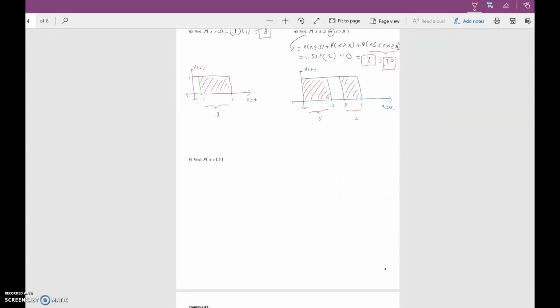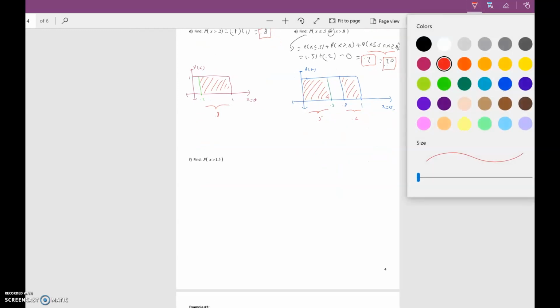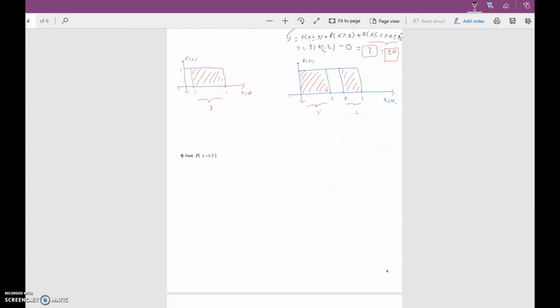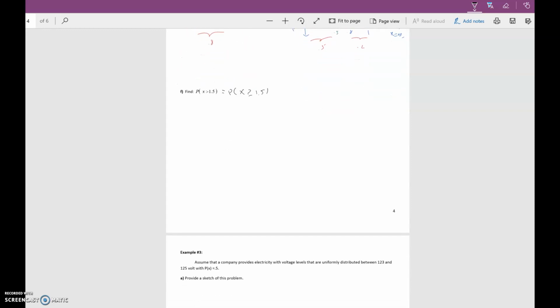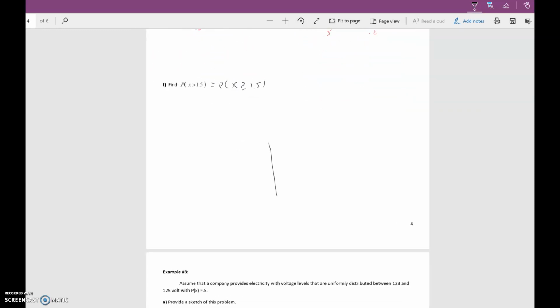The last one, they're asking for greater than 1.5. I could just rewrite it as the probability that X is greater than or equal to 1.5. And there's a minor problem. Let me draw it here. The problem here is that your distribution only goes to 1. So technically, any value that you're obtaining is only going to be between 0 and 1. 1.5 is about here.